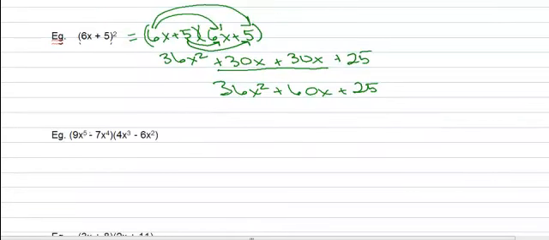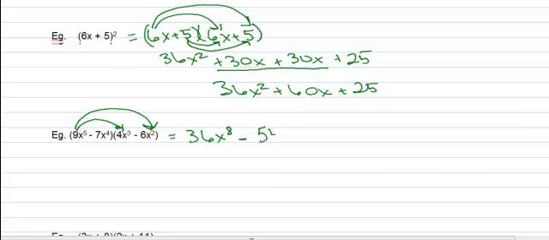So let's go ahead and do this one first. 36x to the 8th, outer, minus 54x to the 7th, inner, negative 28x to the 7th, and now we've got negative negative, so that's going to be positive 42x to the 6th.